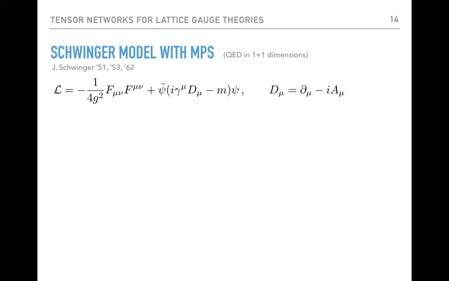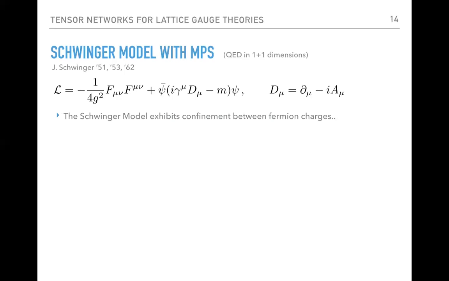And now I'm just introducing MPS, which is for 1+1. So the Schwinger model with MPS is something that people have studied, and you start with QED in 1+1 dimensions. It's a very interesting model to study because in 1+1 dimensions, this model exhibits confinement between fermion charges in a very trivial way, but still it exhibits confinement.